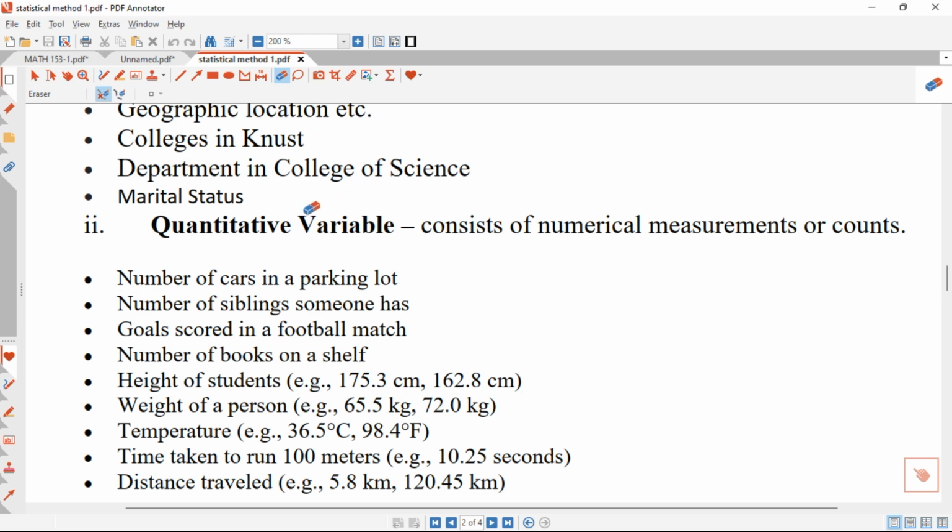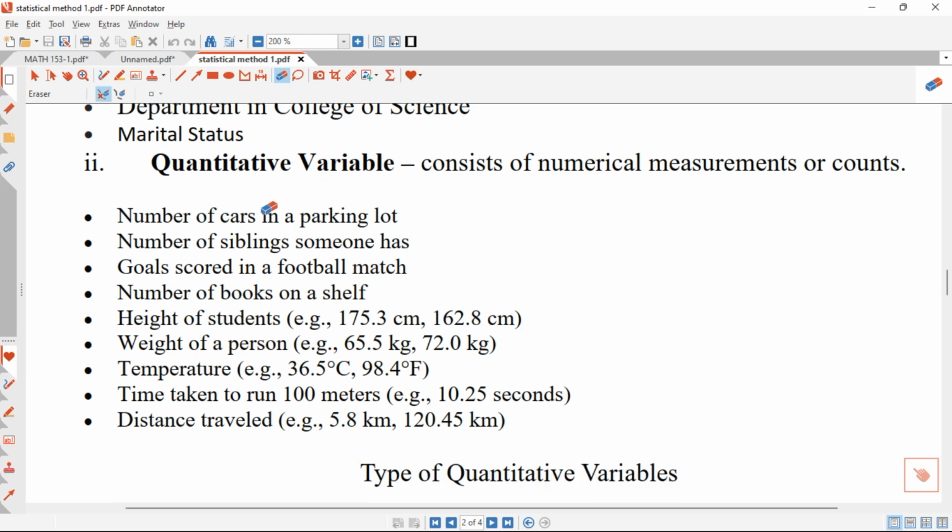Examples of quantitative variables are number of cars in a parking lot, number of siblings someone has. For the number of siblings, you can just count your brothers and sisters to get it. The number of cars in a parking lot, you can count the number of cars there, right? These are all forms of quantitative variables.